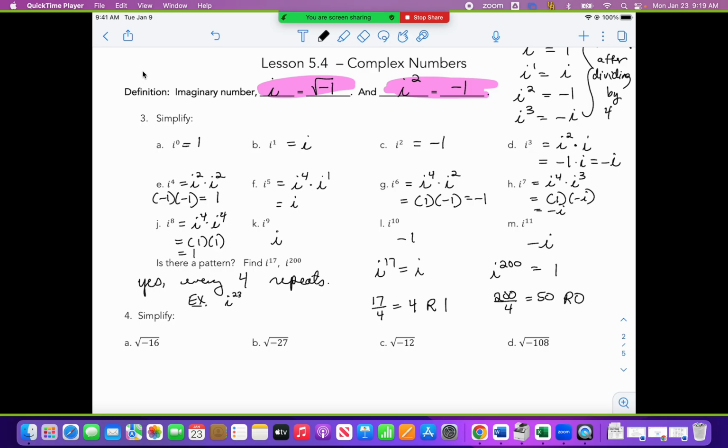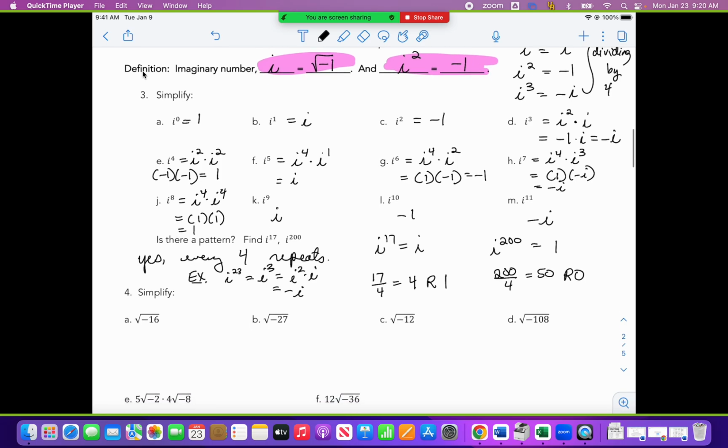You're right. Okay, 20. How much is left over? 3. Then you go to I cubed. Does that make a little more sense? Go up to a multiple of 4, and then however many is left over, that's the power. So now that's going to be I cubed, which is I squared times I, so it's negative I.